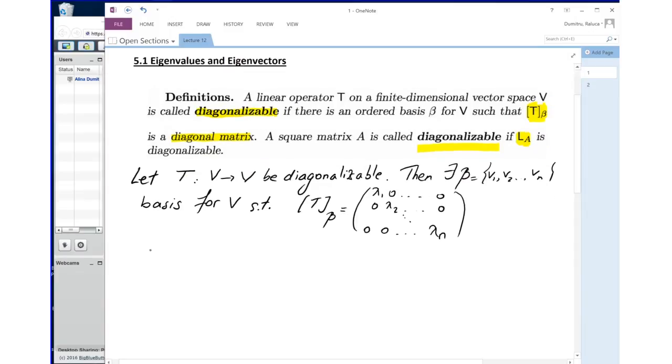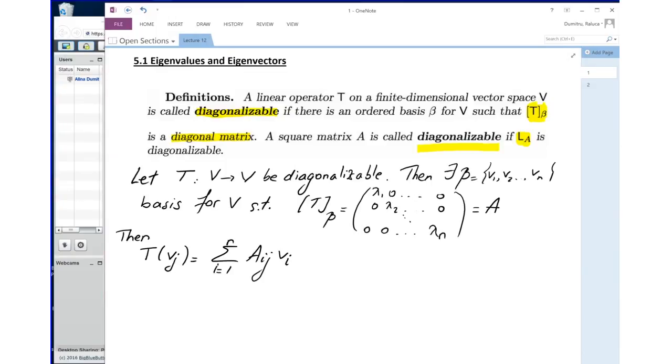Then if we think about the way in which the matrix of a linear operator is computed, if I refer to this matrix as A, then T of Vj is the sum, i equals 1 to n, of Aij Vi. Aij would be the entries of the matrix A. But that matrix A is very special, so only the diagonal entries are maybe non-zero.